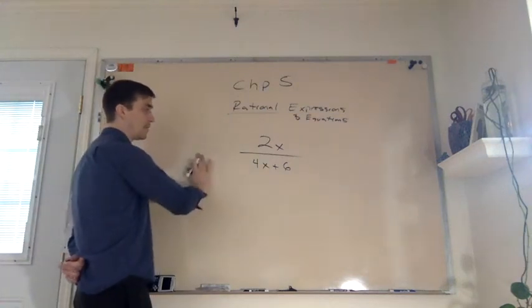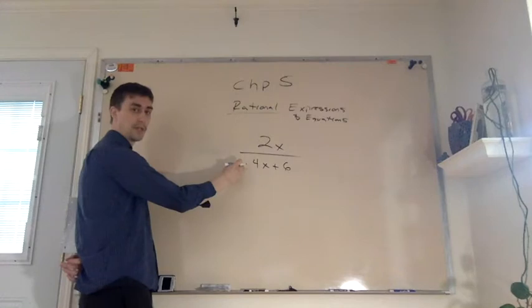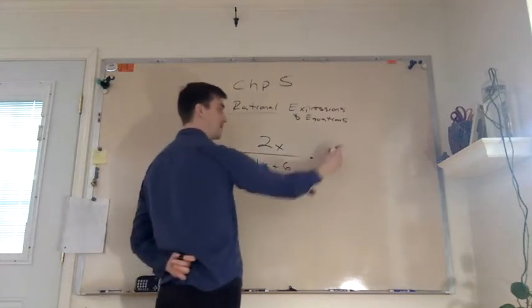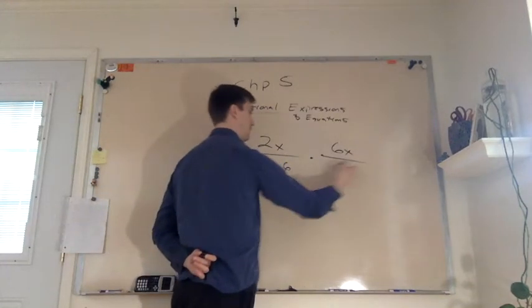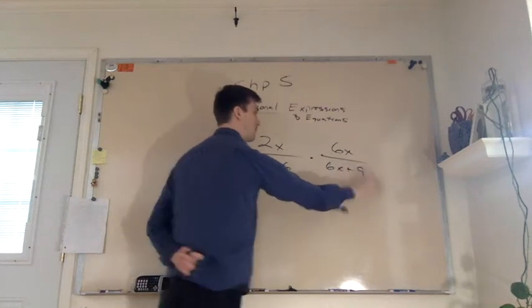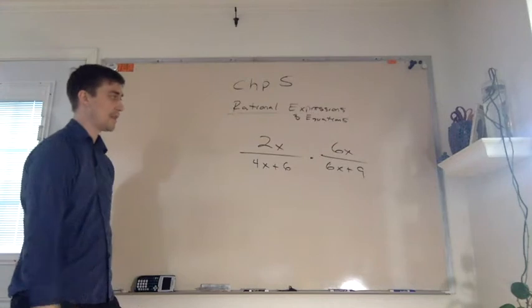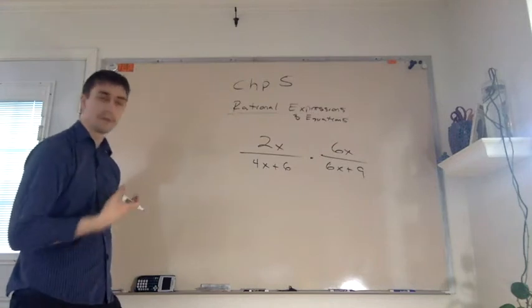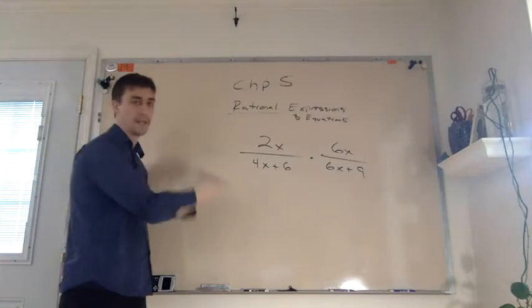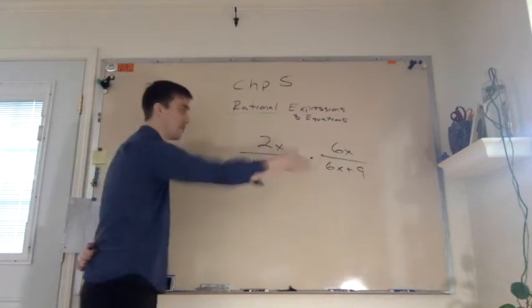Things like that. Also, you can take rational expressions and multiply them by other rational expressions. Stuff like this. And like we were talking about last time, this really just amounts to multiplying two fractions together.